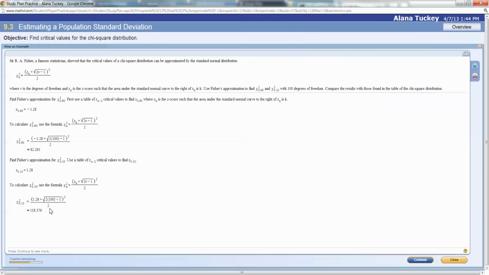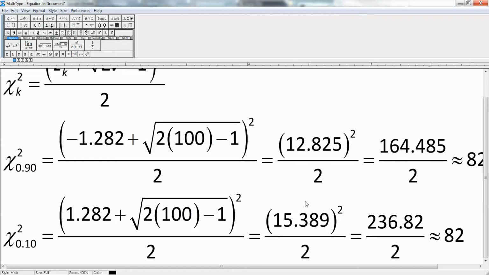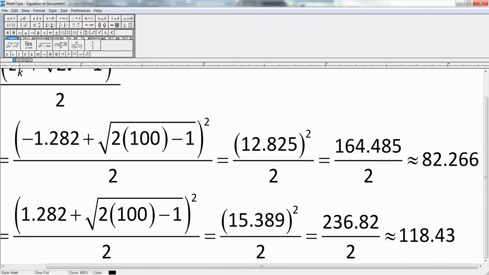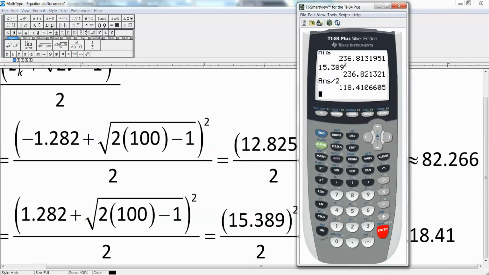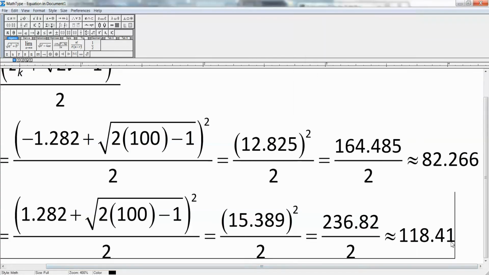Yeah, 118.37. So 118.4, I'm right on the money. Something like that. And you can see the more you play around with your rounding, the worse or better it gets, right? So by fiddling around with 2 or 3 decimal places of rounding, you can be more or less accurate. All right, so these are the approximations.